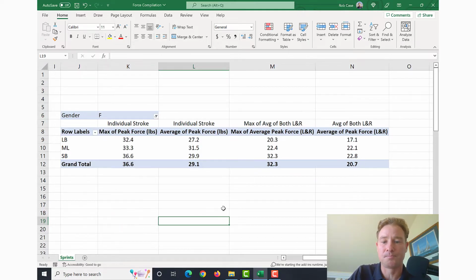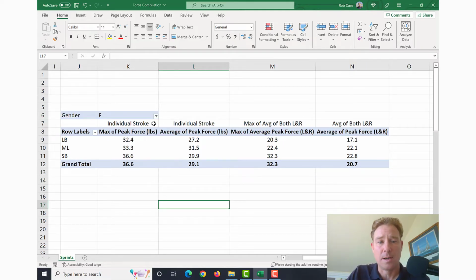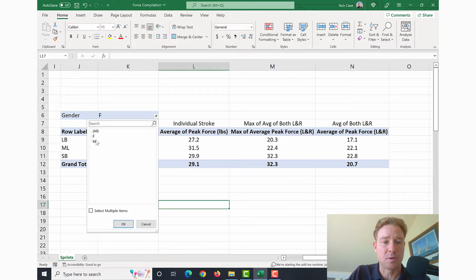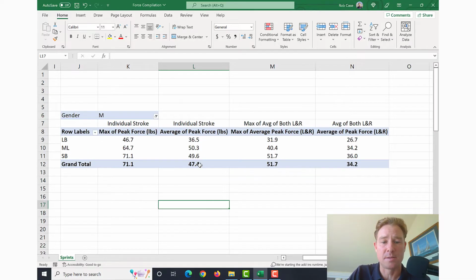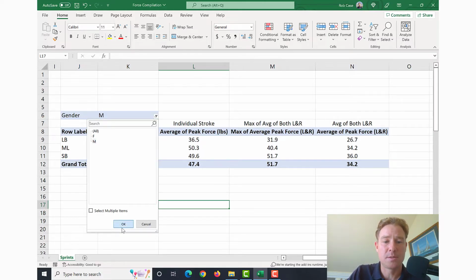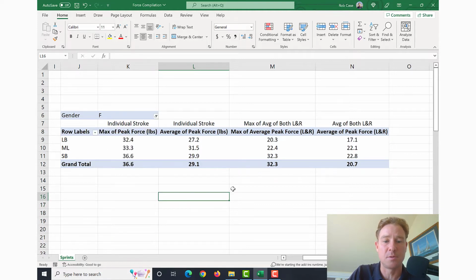With the women, you can see it is lower. The absolute max for the women is 36.6. The absolute max for the men was 71.1. When we look at the individual stroke max, for the women, it's 29.1. For the men, it's 47.4. So there is a fairly significant difference between the amount of force that the women push versus the men.